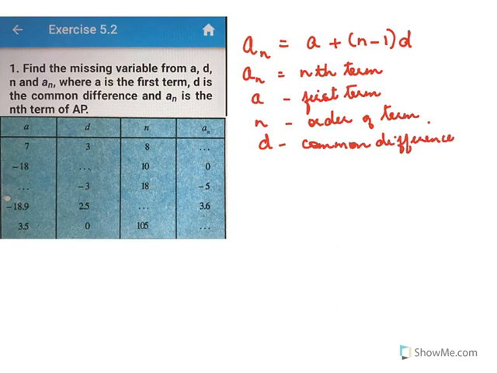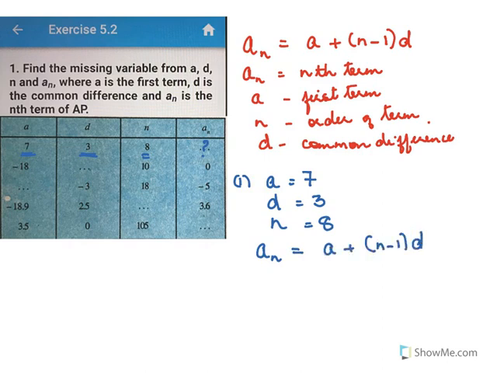Let us take up the first sum. It is given to us that a equal to 7, d equal to 3, n equal to 8, and we need to find a_n. So the formula is a plus (n minus 1) d. All we need to do is put the values.